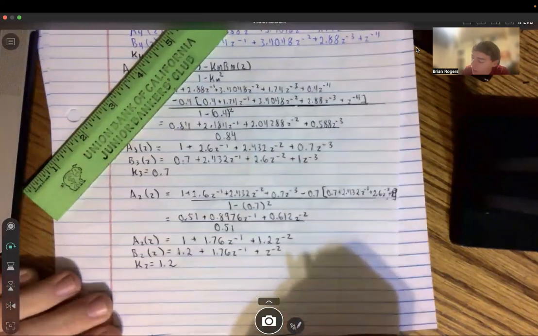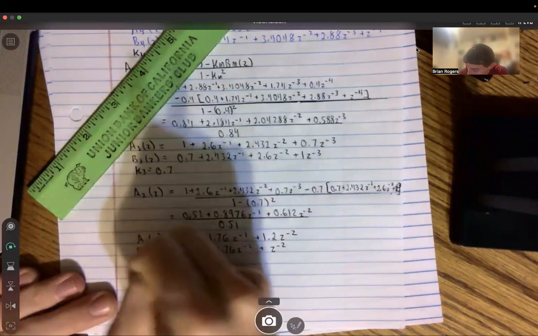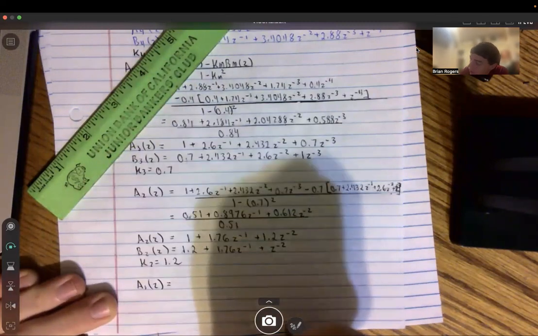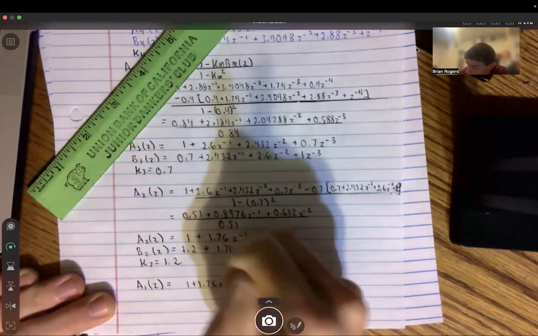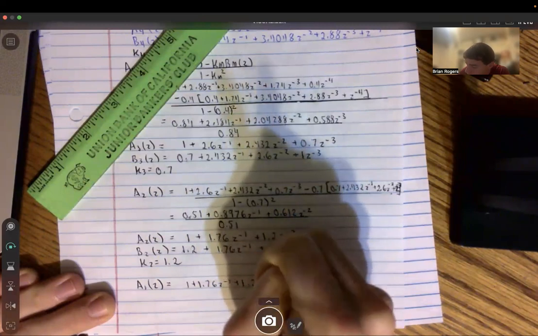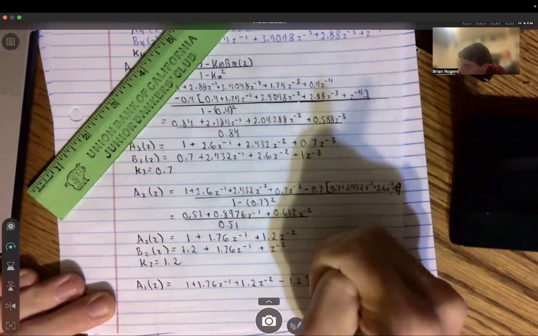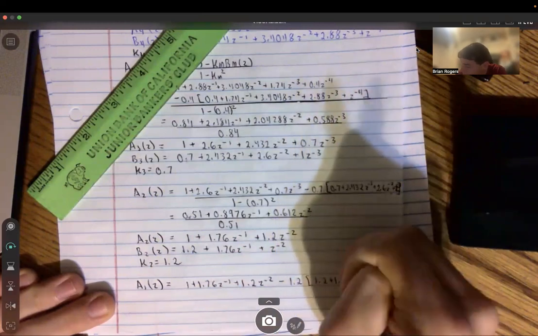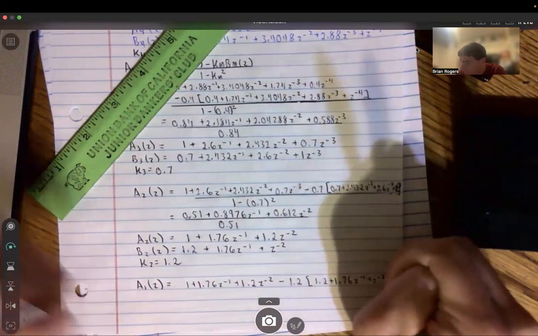Now that I got that, my A1 of z is going to equal A2 of z, which is 1 plus 1.76 z to negative 1 plus 1.2 z to negative 2, minus k2 times B2 of z, which is 1.2 plus 1.76 z to negative 1 plus z to negative 2, and then all over.